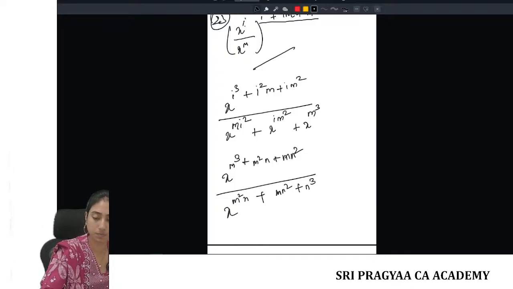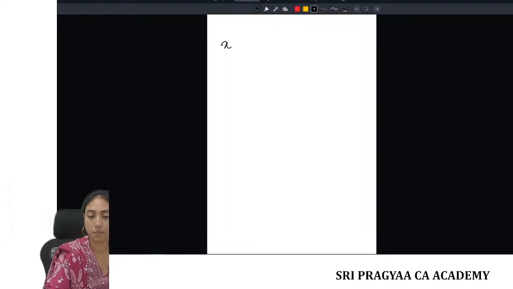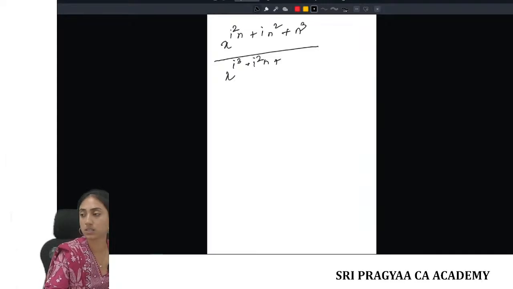Third term is x bar, I cube plus I squared n plus.